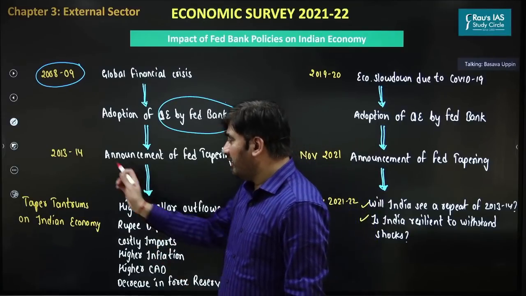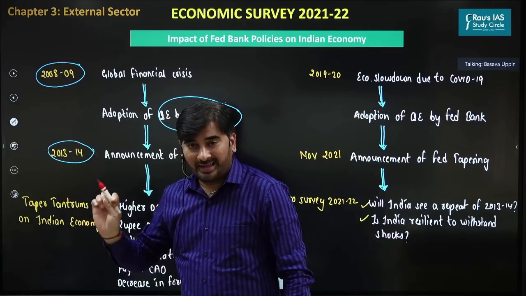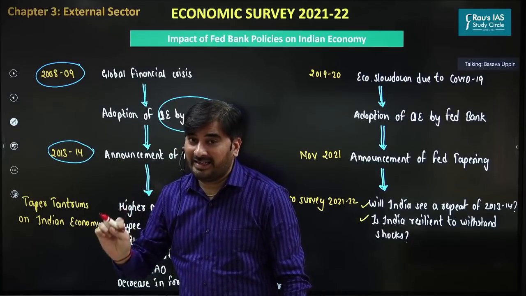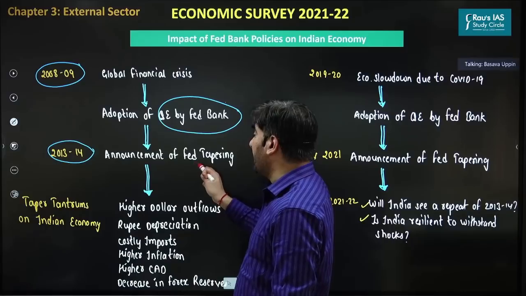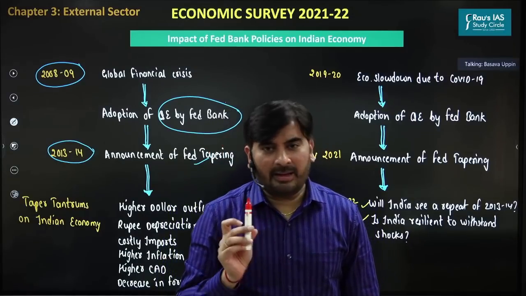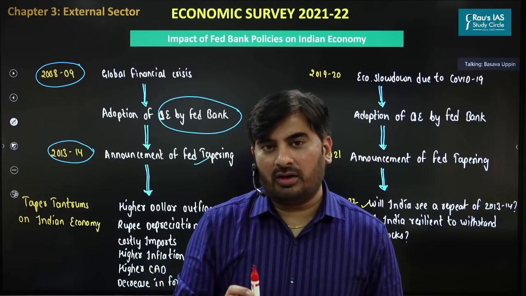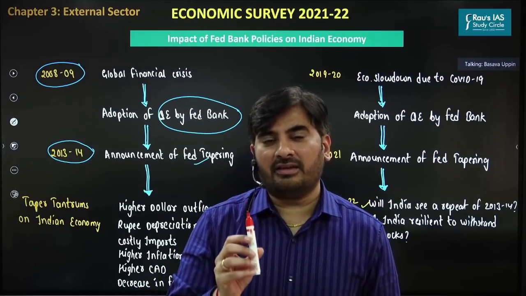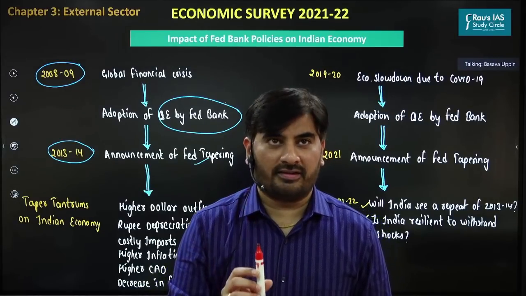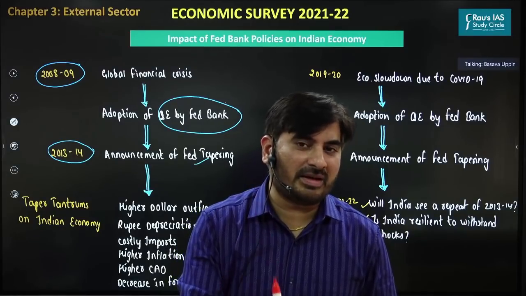And then somewhere in 2012-13 and 2013-14, the US Fed Bank announced the Fed tapering. What is this Fed tapering? Fed tapering basically means a slow and gradual reduction in the purchase of government securities.